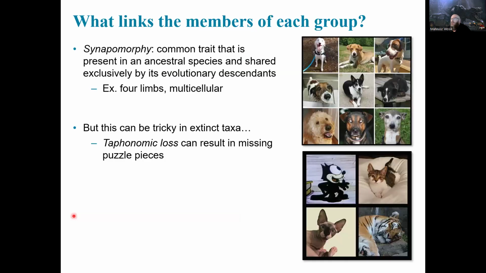So this is where we have to come to the discussion of what is a synapomorphy. A synapomorphy is defined as a common trait that is present in an ancestral species, so something that's much older, and is shared exclusively by all of its descendants.